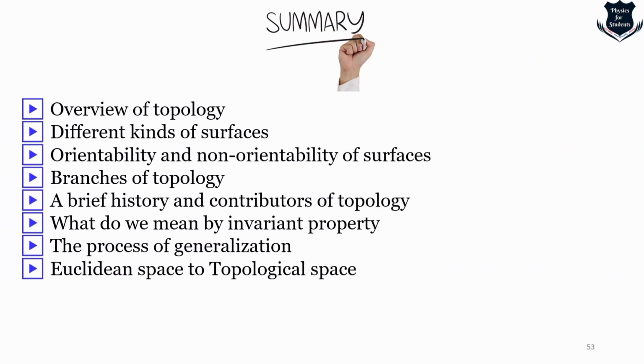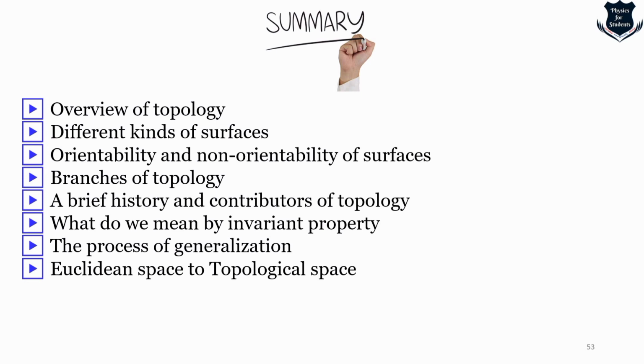So let's just summarize. We got an overview of topology. We learned different kinds of surfaces, etc., how they're related, what is orientability, non-orientability, what is homeomorphism, etc. We learned different branches of topology, which branch is helping in what, a brief history and who are the contributors of topology, and then we understood what we mean by invariant property, both through Euclidean and non-Euclidean.